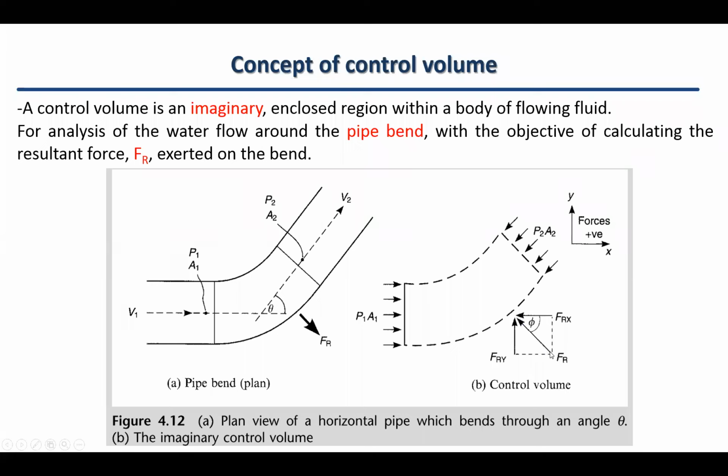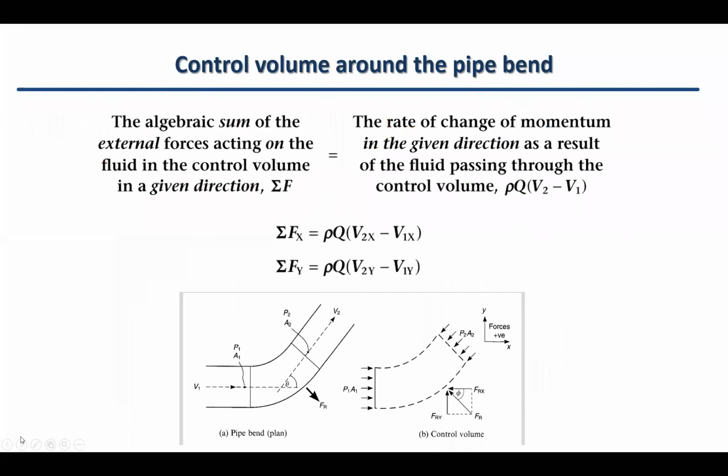The resultant force can be divided into two components, FRX, the horizontal component, and FRY, the vertical component. So that's something we need to write here, and we should be able to calculate FR. That's the task we need to do. So let's do more calculations to make sure how we can calculate this.